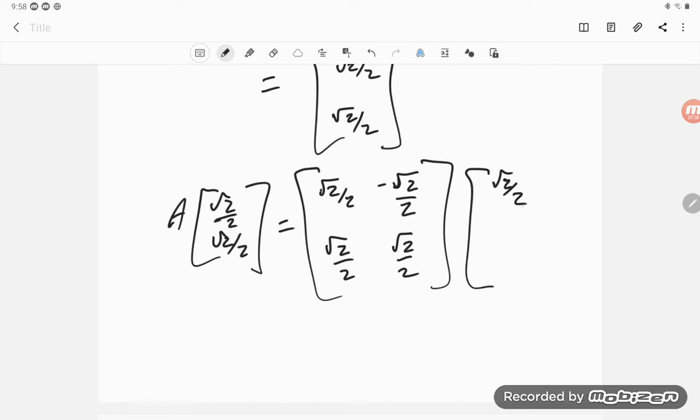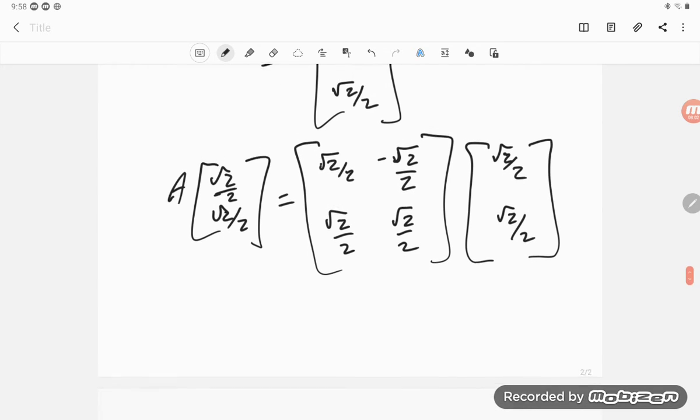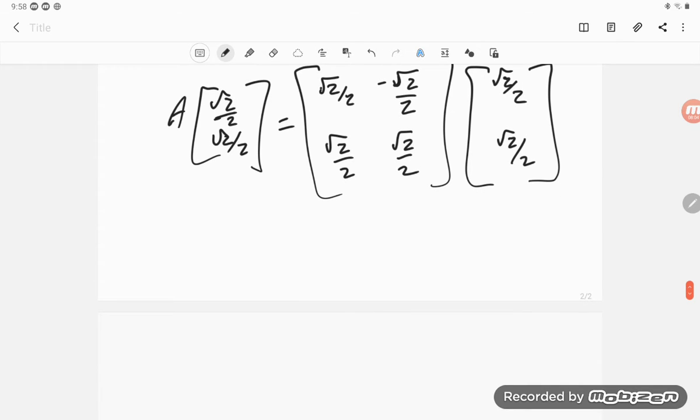So the first row dotted with that column, I have square root of 2 over 2 times square root of 2 over 2, and then minus square root of 2 over 2 times square root of 2 over 2. So I just get 0.